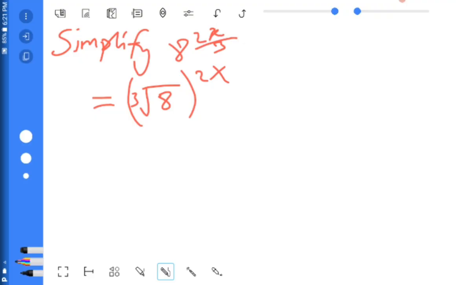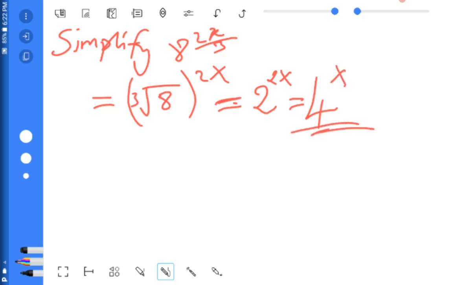The cube root of 8 is 2, because I'm looking for a number that multiplies itself 3 times to give 8, which is 2. Then to the power of 2x. But what is 2 to the power 2? 4. So you have 4 to the power x, which becomes your answer.